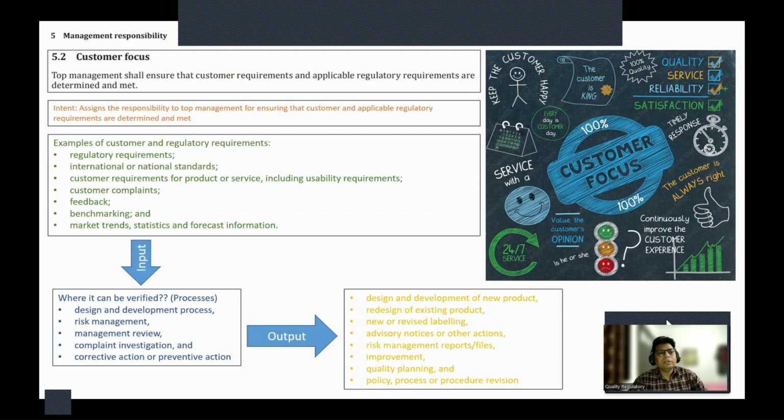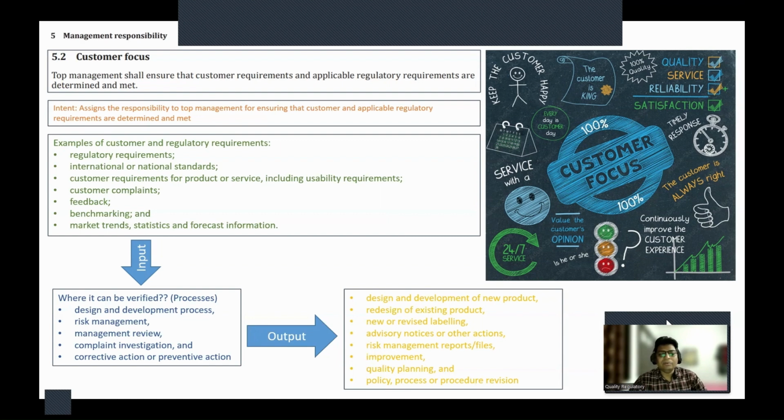Here the intent is how this could be done. We have to ensure that regulatory requirements are met, international and national standards requirements are met, and customer requirements for product or services, including usability requirements, customer complaints, feedback, benchmarking, market needs, statistics, and forecast information.